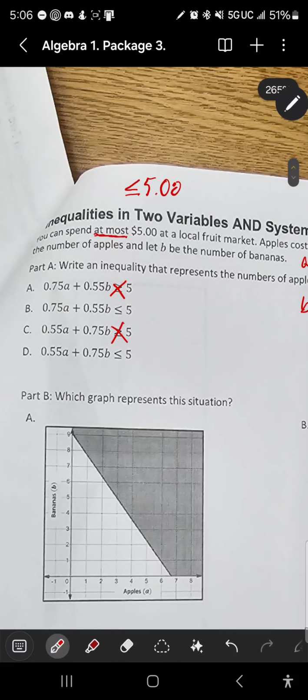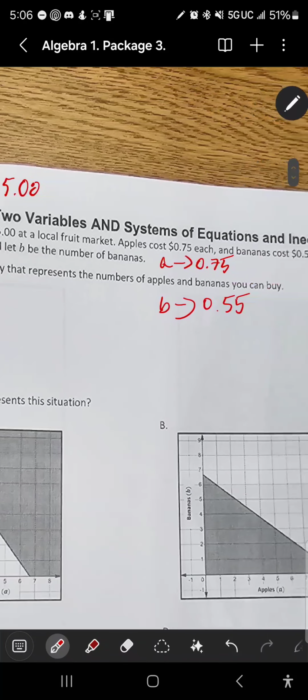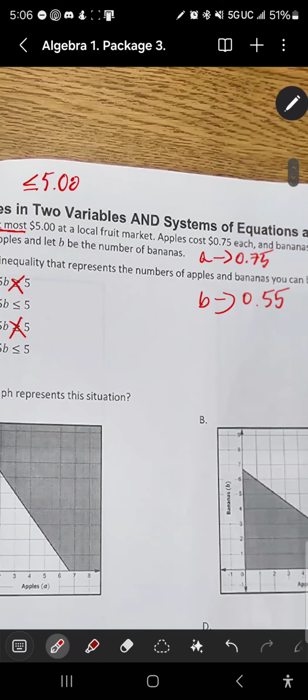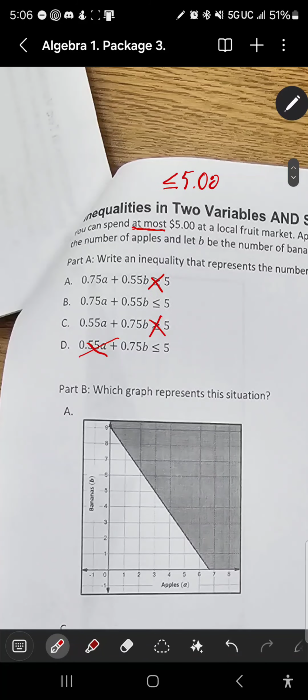So based on that, 0.75 goes with A, so this is wrong, and 0.55 goes with B, so this is wrong. And therefore, this right here is our answer.